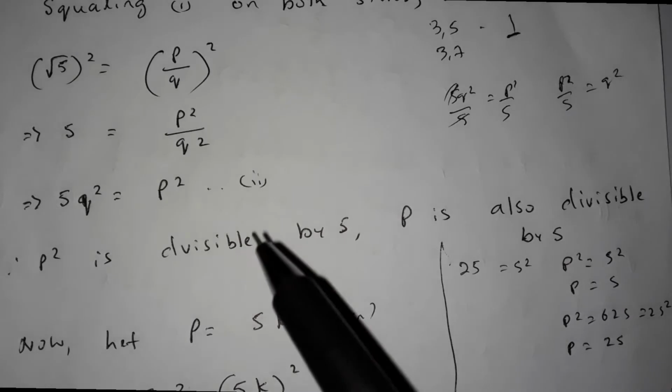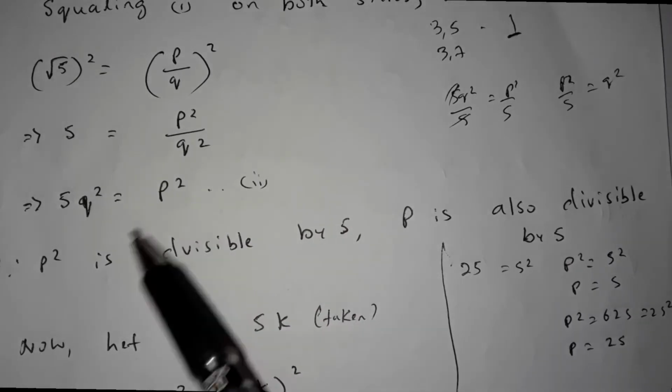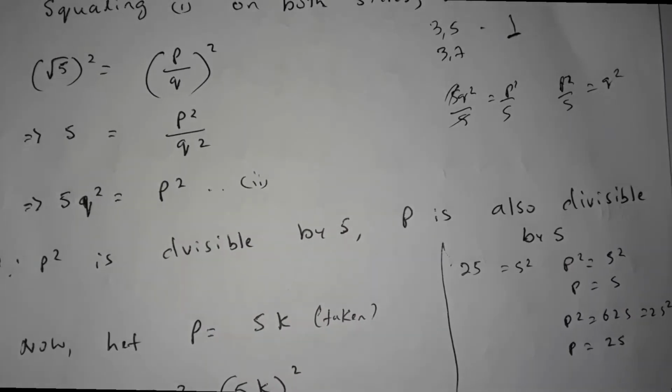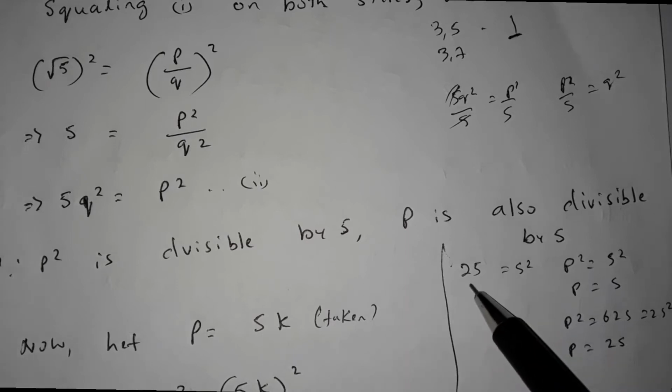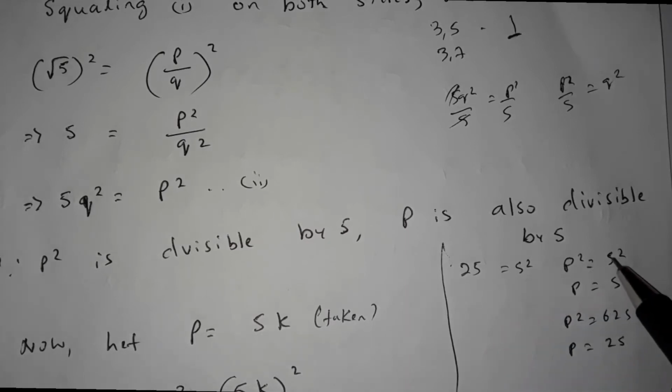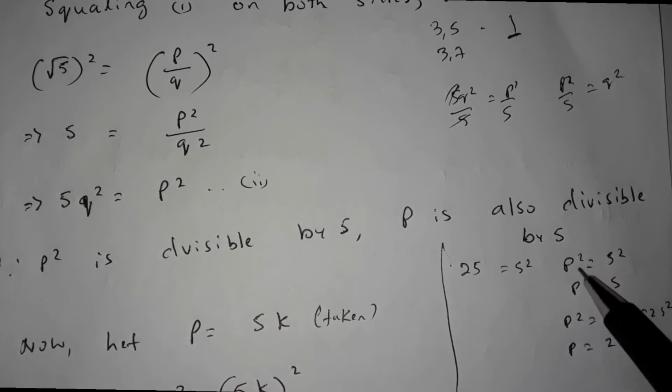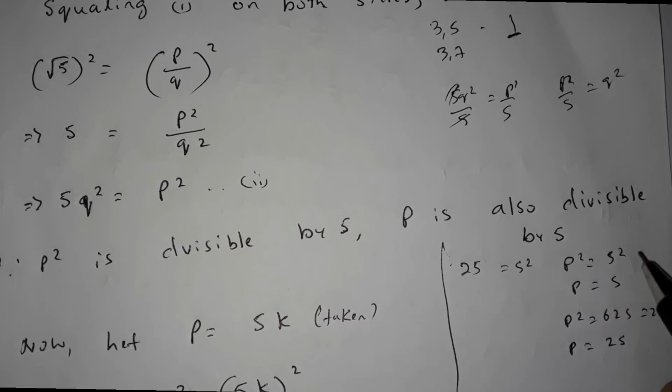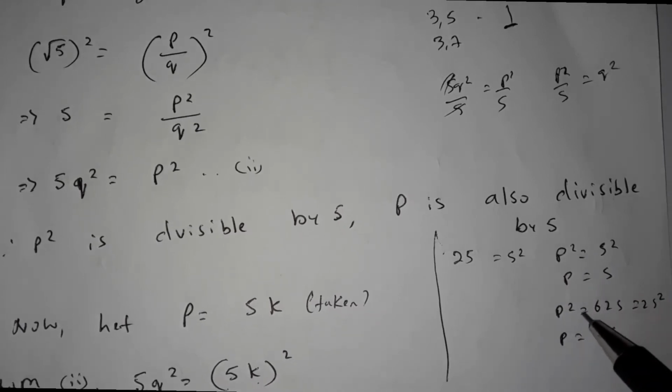Let's consider p squared to be, let's say, 25. If p squared is 25, that means p squared equals 5 squared, and p is 5. 5 squared is divisible by 5, and 5 is also divisible by 5.